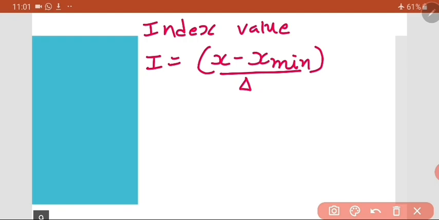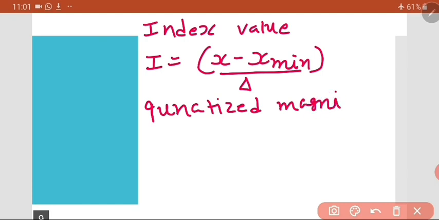The next value we are interested in finding is the quantized magnitude, denoted as xq.